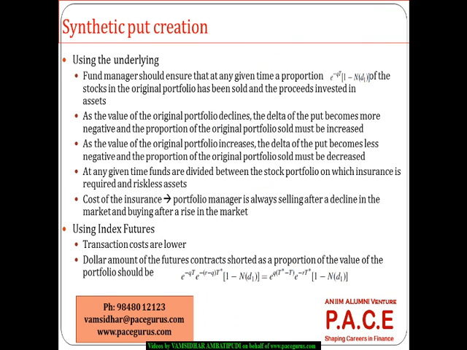So how do I really create a synthetic put option? There are two ways. Either I can create it using the underlying, or I can use the index futures. At any time, the intention is to match the delta of the put. Let's say I have shares worth 100. I will find out the delta of the put, and that much worth of the shares in the original portfolio has to be sold, and the proceeds should be invested in risk-free assets.